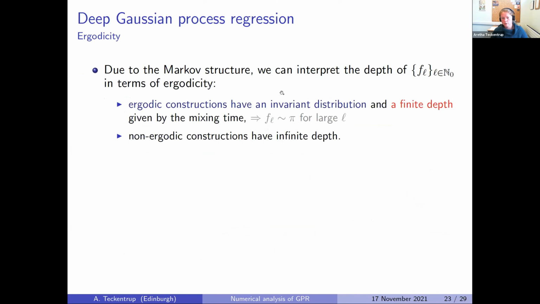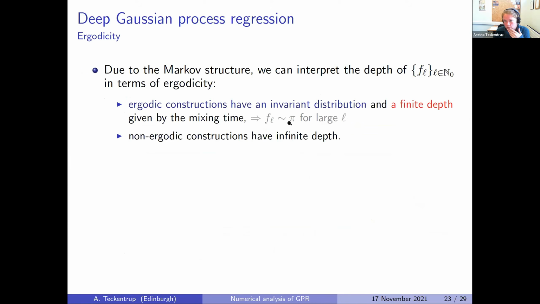And so you can actually think about this process as a Markov chain, and you can think of it in terms of the ergodicity of that Markov chain. Okay? So if you can show that this Markov chain is ergodic, what that means is that it has an invariant distribution or a stationary distribution. And so as L tends to infinity, and for large L, you will actually have something that converges.